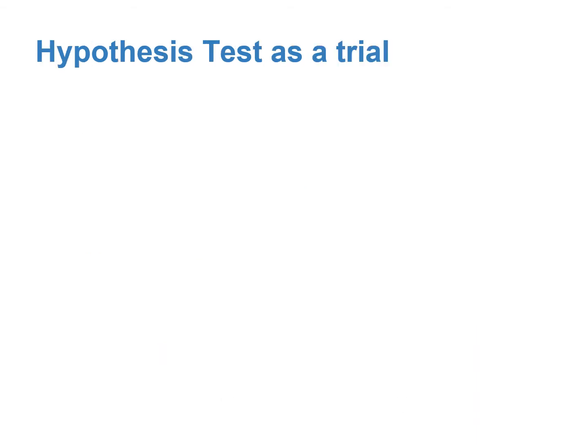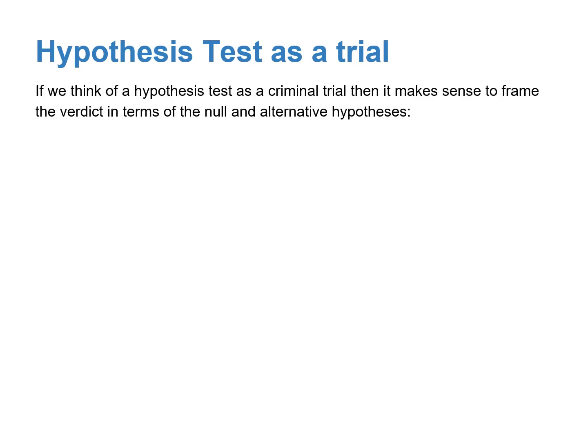Often we think of a hypothesis test as a trial. If we think of it this way, then it makes sense to frame the verdict in terms of the null and alternative hypotheses. In the American legal system, the defendant is presumed innocent until proven guilty with evidence that is beyond a reasonable doubt.